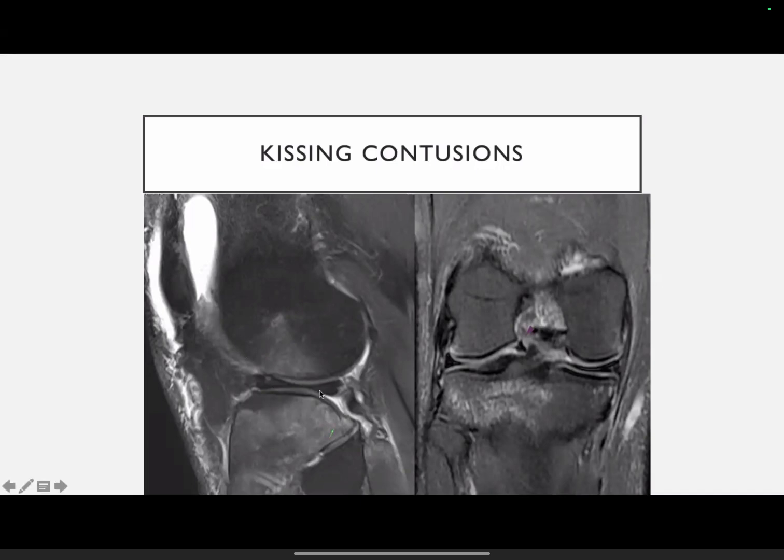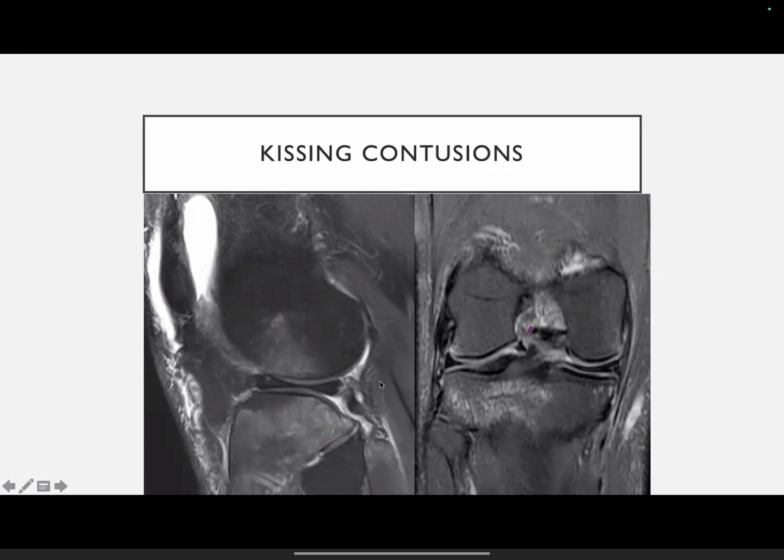So in this case, the meniscus looks okay on these sagittal images, but when we look on the coronal image, we can see that there is a small meniscal flap which is entering into the intercondylar notch, suggesting that there must be a tear in the other sequence, in the other sections.